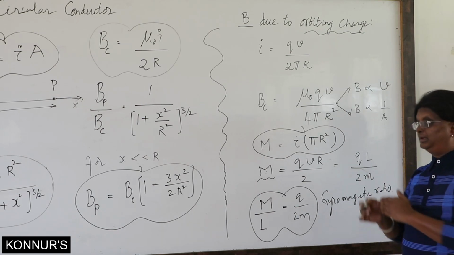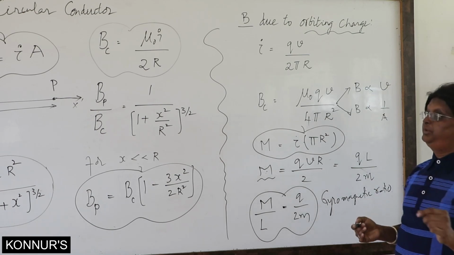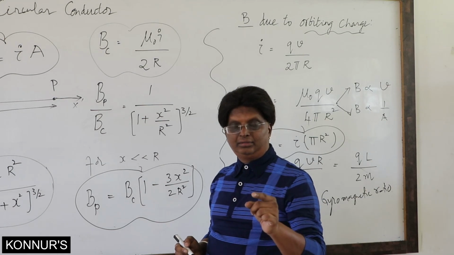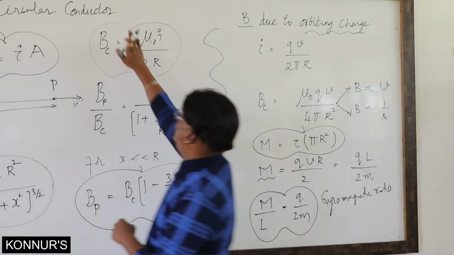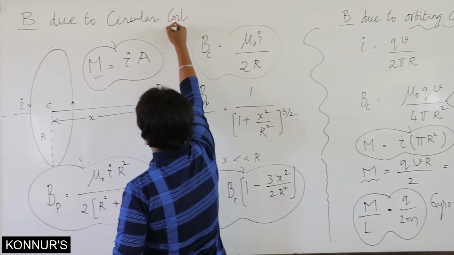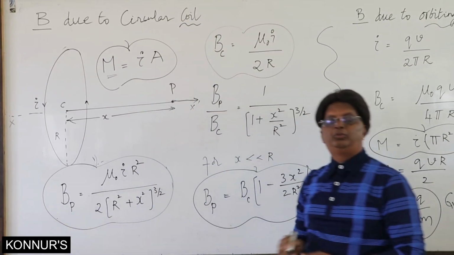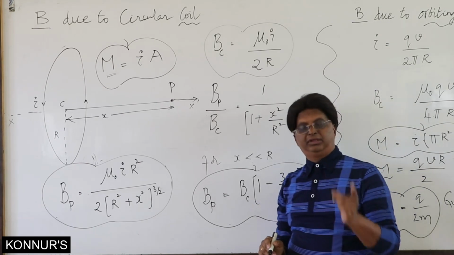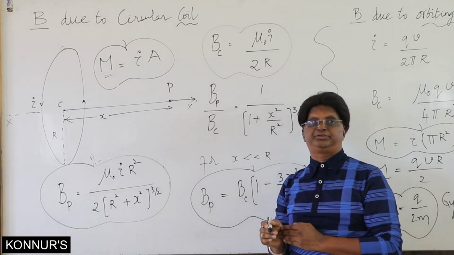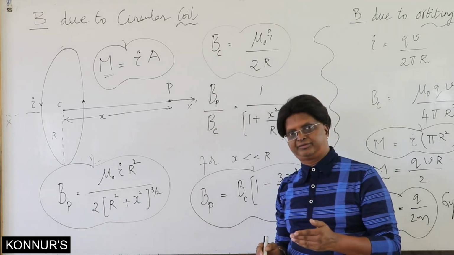Now, having said about these results, let me make a small change. Instead of circular conductor, most of the time what we see is a circular coil. And what difference does it make? In the case of a coil, we have more number of turns of the same radius.